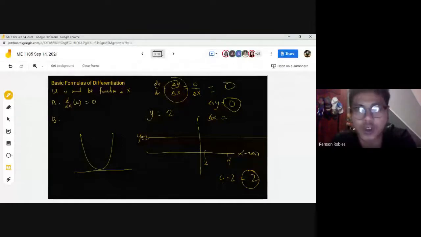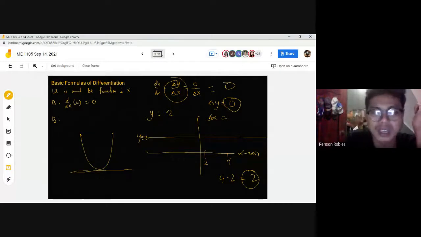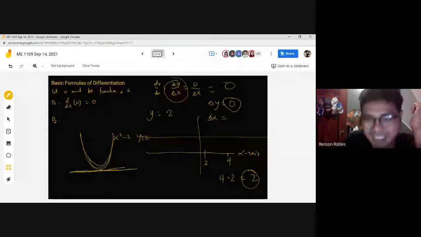Di ba? How do we define derivative? Sir, the derivative is the slope of the line tangent to that curve. That's why when we use this example, x squared minus 2, and I draw a horizontal tangent on its vertex, the vertex of this is 0, negative 2. Ang slope nito is written as 2x.